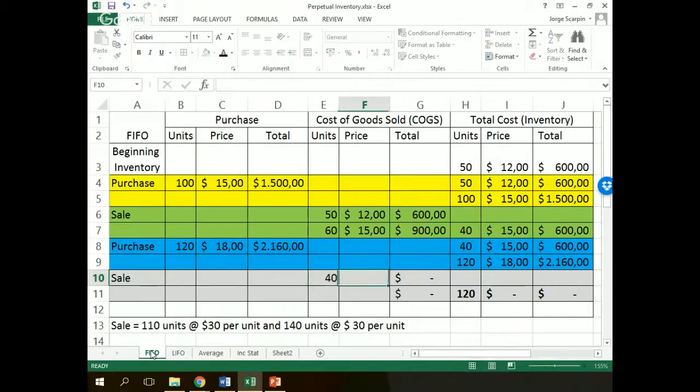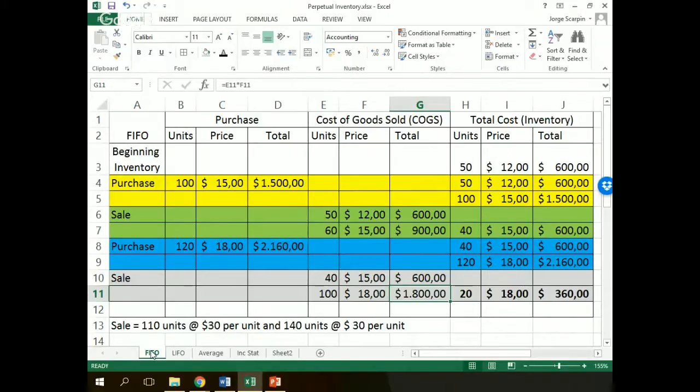So 40, $15 each, $600. Then 140 minus 40, 100, $18 each, $1,800. And our total inventory, 20 units at $18 each, $360.